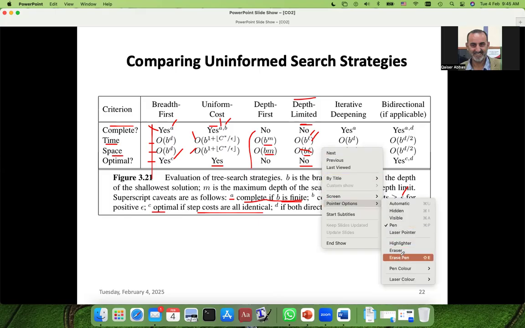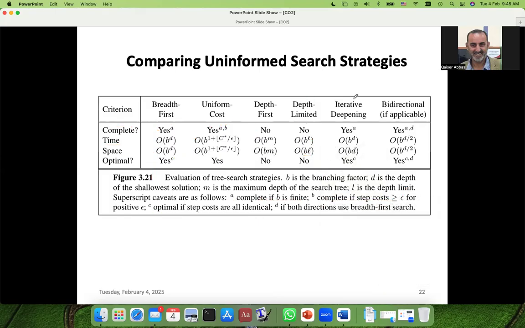And then iterative deepening, complete? Yes, iterative deepening is complete with the condition. What is that condition? Complete if the state space is finite. Okay, no repeated states. Iterative deepening, that is optimal. Yes, it is optimal with this condition C. What is C?